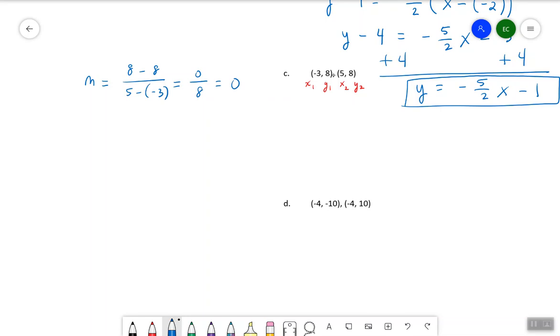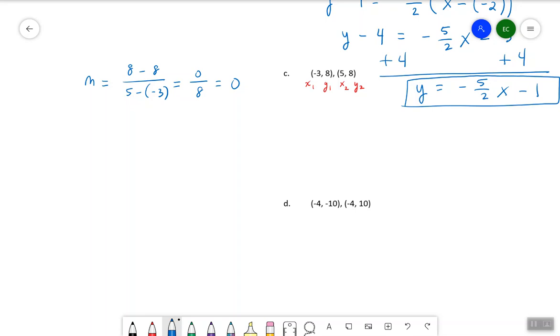And you could actually see that because the y values are the same for the 2 points. If you think about that, the y value is the height of the point on the graph, and so if they have the same height, then maybe you can visualize a horizontal line through those 2 points, and of course the slope has to be 0 through that horizontal line, and that's exactly what we found.